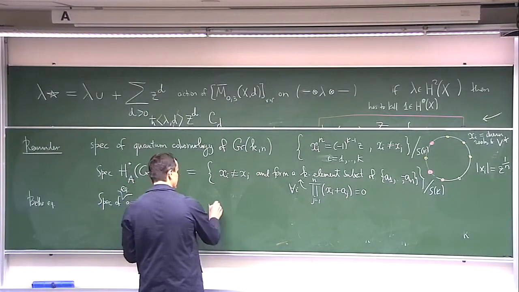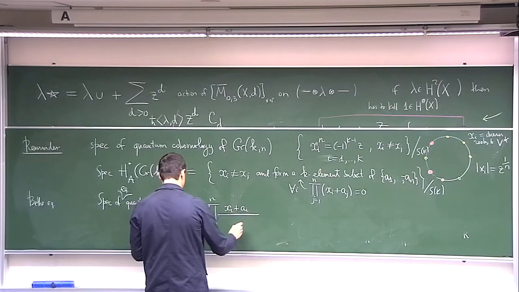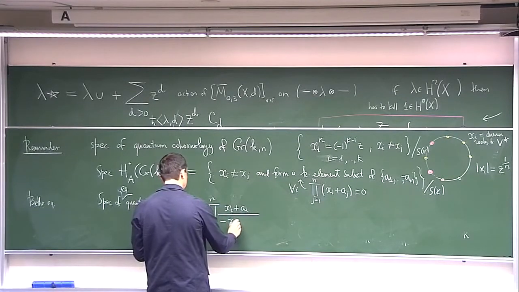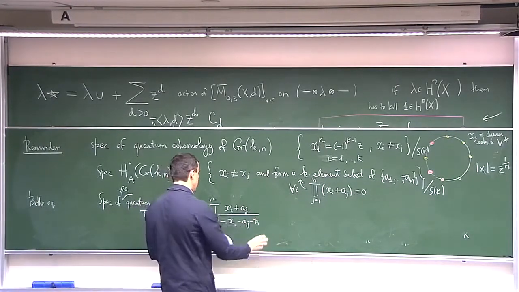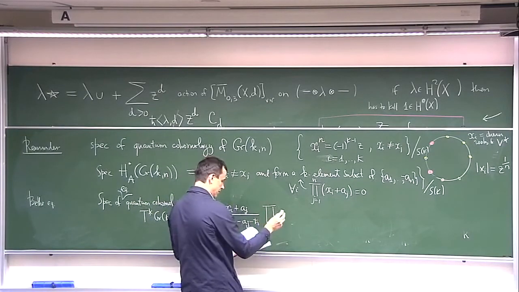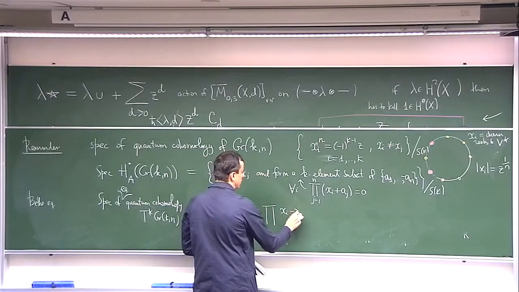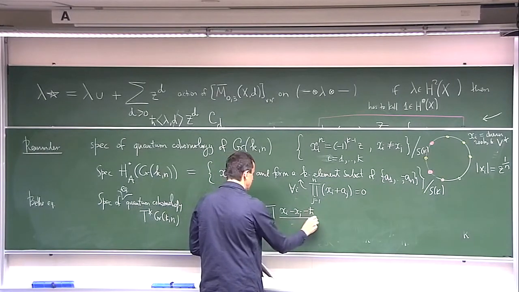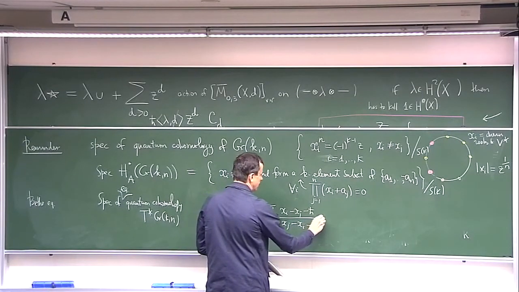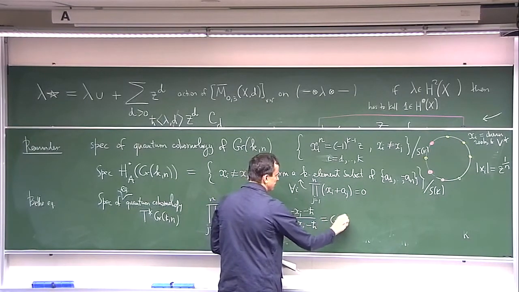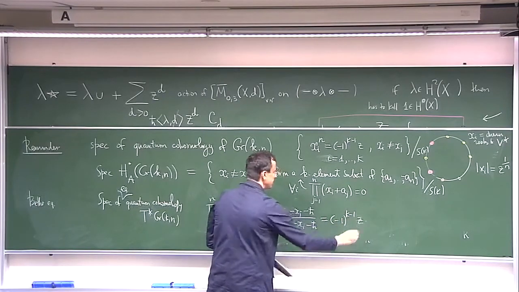So if I take the product over j from 1 to n, take this like before, x_i plus x_i, well, maybe I'll divide x_i minus x_j minus h bar, then the product x_i minus h bar, x_j minus x_i minus h bar. This is equal to 1 minus (minus 1)^k z.